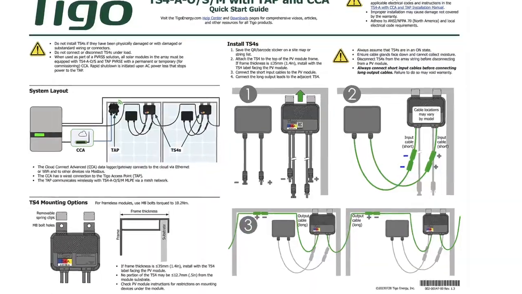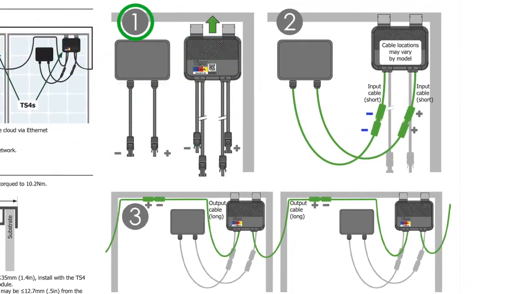The third thing is the installation order of the TS4s, and this does matter. While you are installing the TS4s, it has to go in these three steps: mount it to the module, connect it to the module, and then connect the TS4s together. I've made several other videos that talk about this, but I guess I just need to keep putting the word out there.